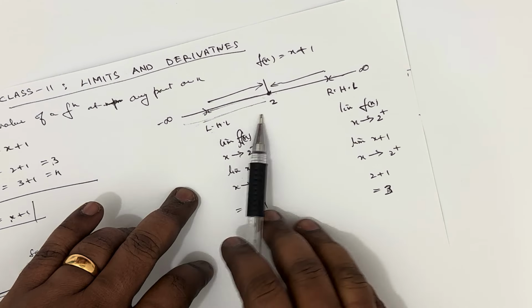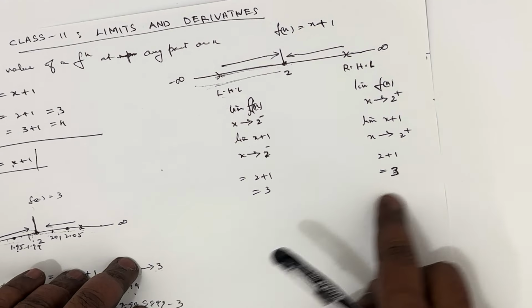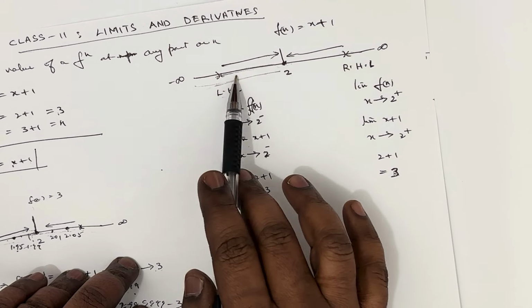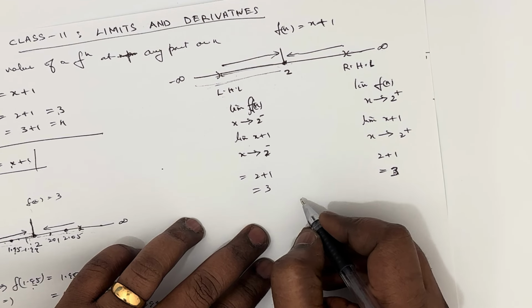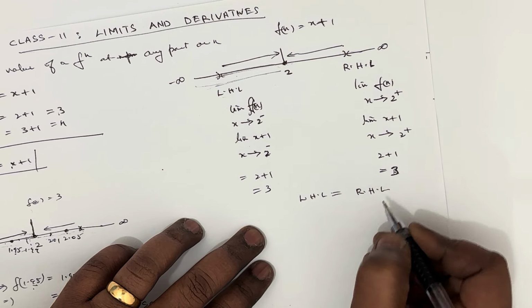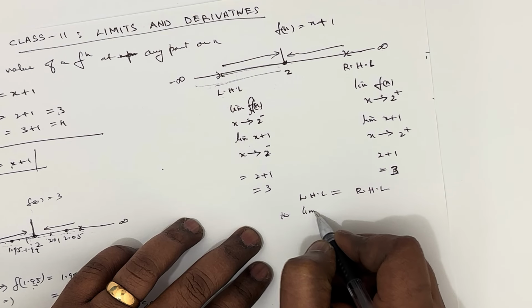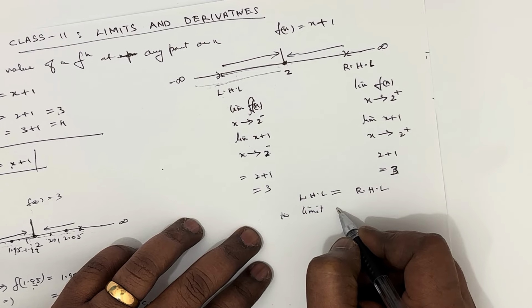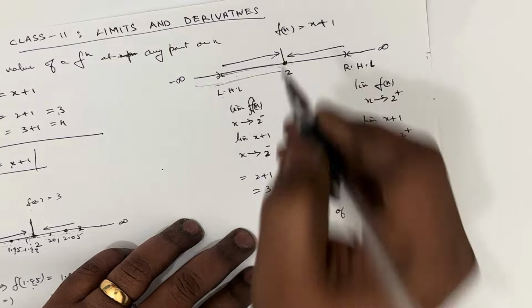Now you see the left hand limit and the right hand limit both are equal. When the left hand limit is equal to the right hand limit, we can say that the limit of the function exists at this point.